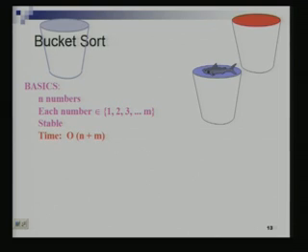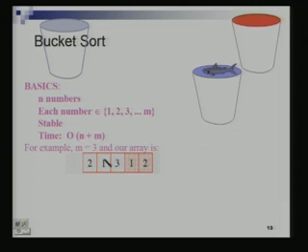Bucket sort is a stable sorting algorithm, and it will take time order n plus m. This is very useful when you have a large number of numbers with lots of duplicates perhaps, and the numbers are coming from a small range. Then you do not need something like n log n time. You can then do it in time order n plus the range of the numbers essentially.